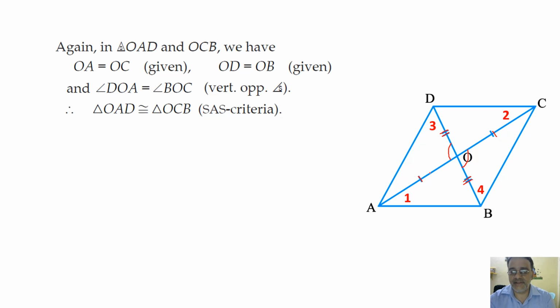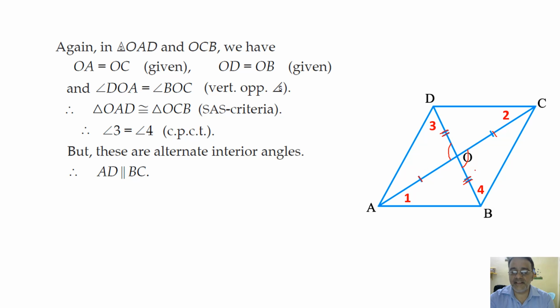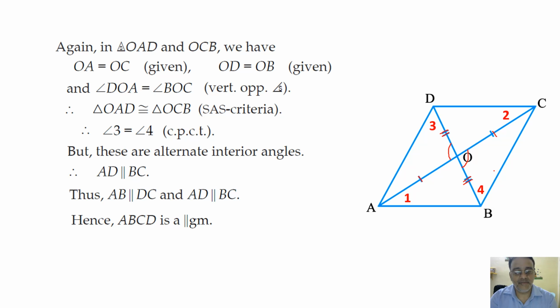This will imply angle 3 is equal to angle 4 by CPCT, but these are alternate interior angles, so therefore AD is parallel to BC. So we got both pairs of opposite sides parallel. Hence ABCD is a parallelogram.